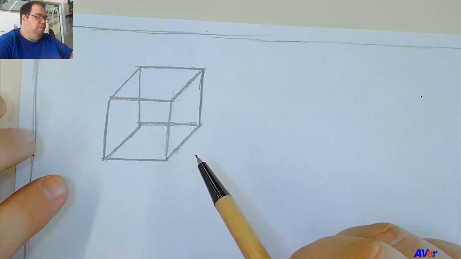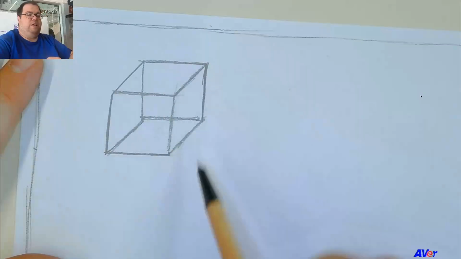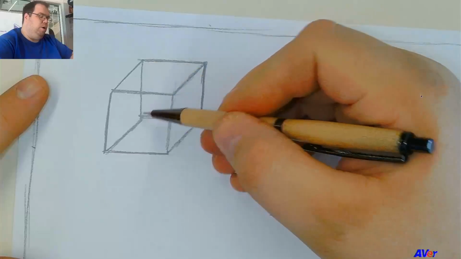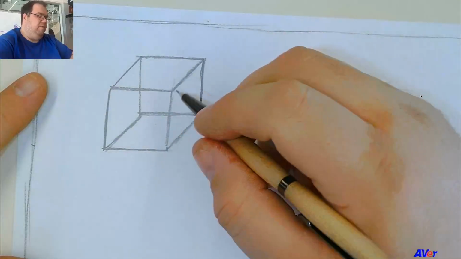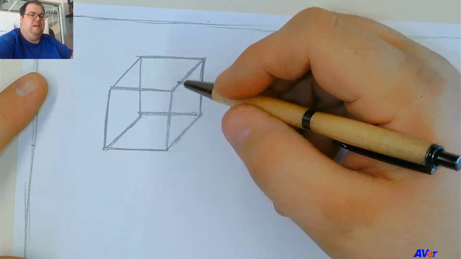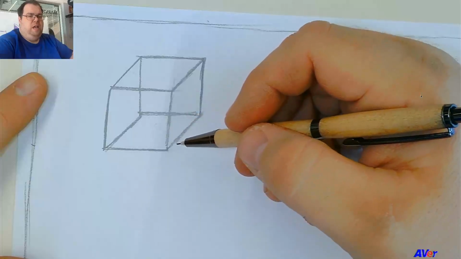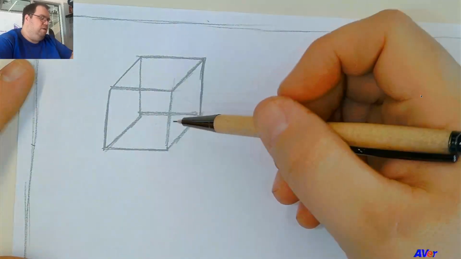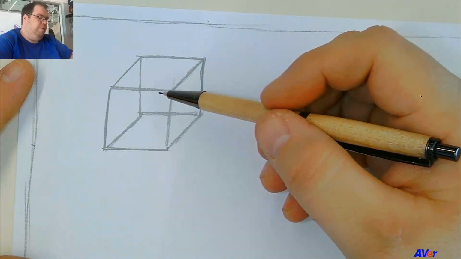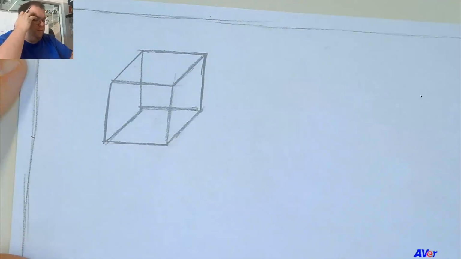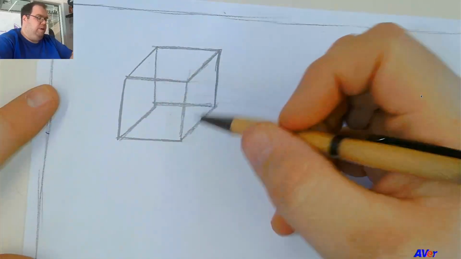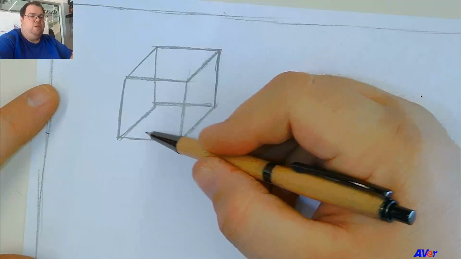Now, this is as though this cube is completely transparent. We can see the back corners that would be covered by the faces that are closer to us. It also allows us, if you can make the visual switch, right now this cube, as we drew it, this is the face that's closest to us.